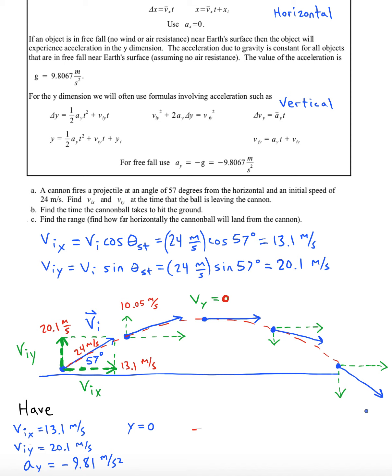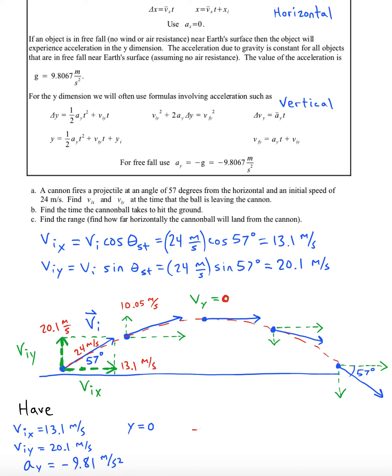The final velocity vector is going to be symmetrical to the initial velocity vector. They're actually going to have the same size arrow, but whereas it was going up at 57 degrees when it was launched, the ball will now be coming down at 57 degrees from the horizontal when it lands.